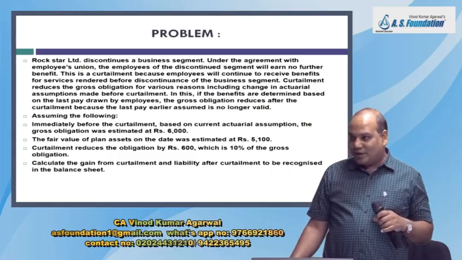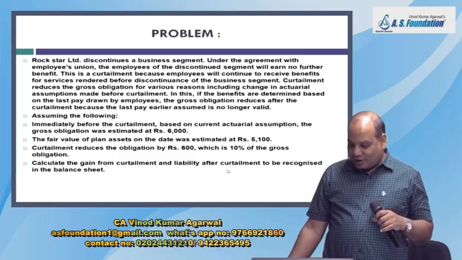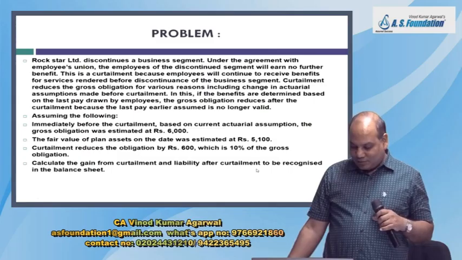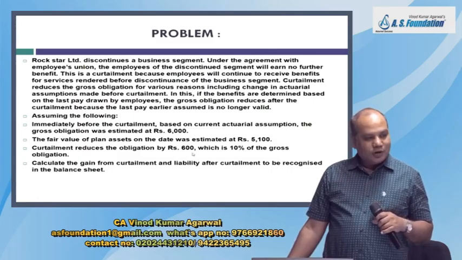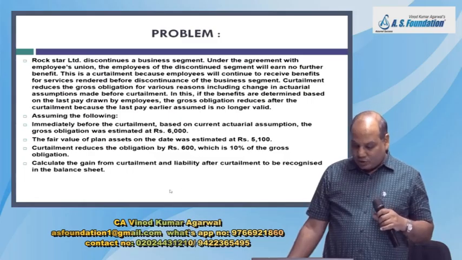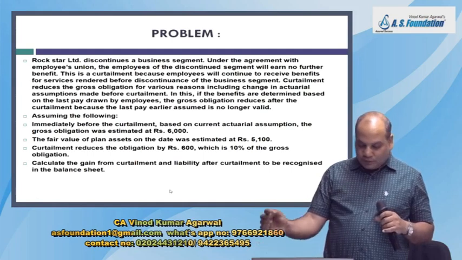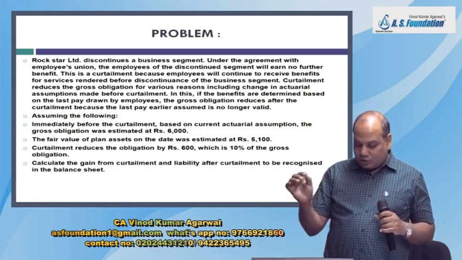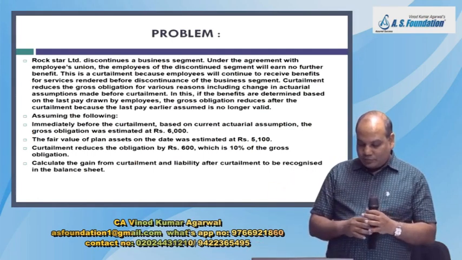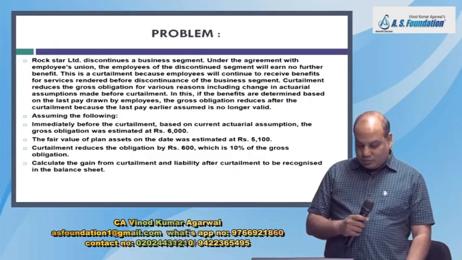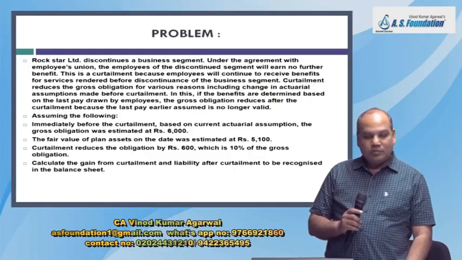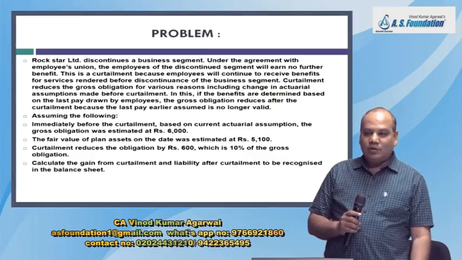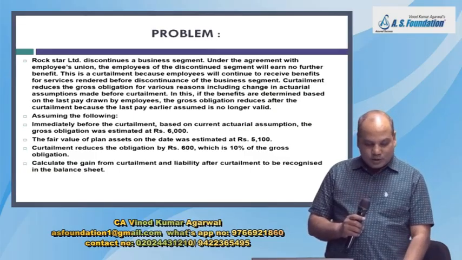600, the answer is printed in the book only. And the liability after curtailment. So liability will be 5400 and the net liability will be 5400 minus 5100 in the balance sheet. So first write down gain on curtailment equal to 600. There is no calculation required also because the amount is also printed.